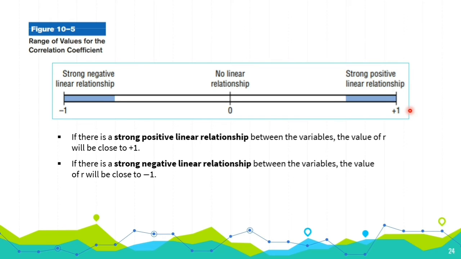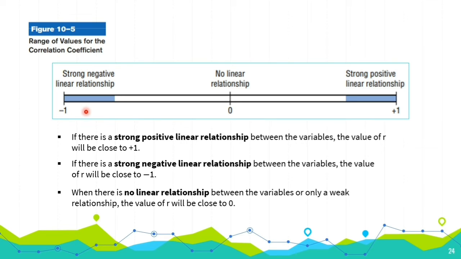If there is a strong negative linear relationship between the variables, the value of r will be close to -1. And when there is no linear relationship between the variables, or only a weak relationship, the value of r will be close to 0.